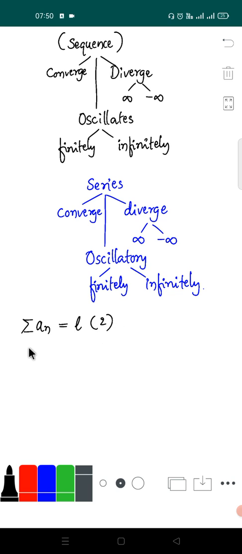An example for that is (1/2)^n, where n goes from 0 to infinity. If n is 0, it becomes 1, so 1 plus 1/2 plus 1/4 plus and so on.